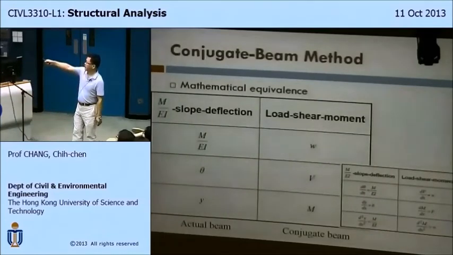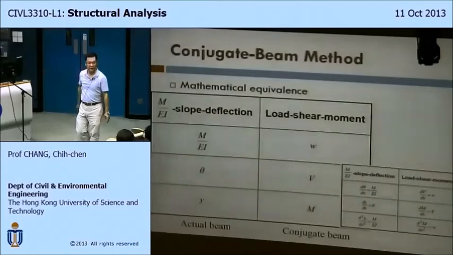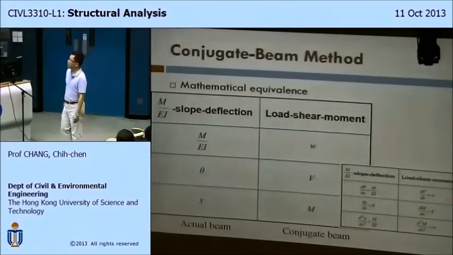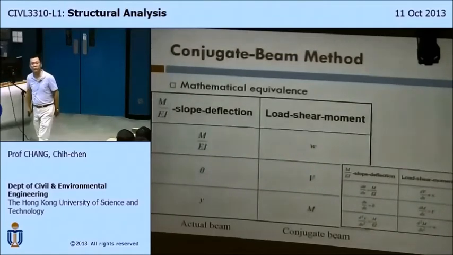But on the other hand, if we can correlate this mathematical resemblance, we identify that this W is equivalent to that, this is equivalent to that, and this. They are equivalent in the sense that the mathematical equations are exactly identical. So if I ask you to calculate shear force based on some given loading, you know what to do. If I ask you to calculate moment based on some given loading, you know what to do.